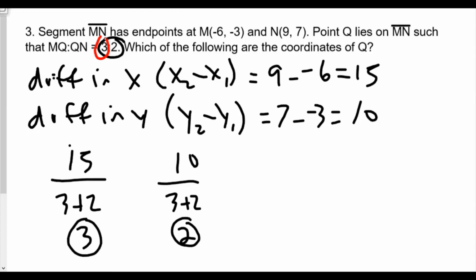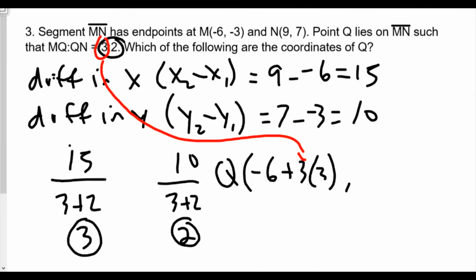So to find point Q, we're going to take our first x value, which is -6, plus 3 times 3. Where does that 3 come from? The first 3 comes from the ratio 3. The second 3 comes from each piece of the units.